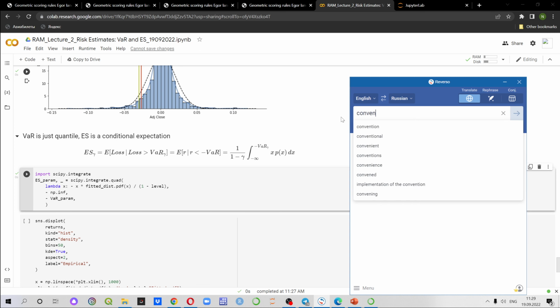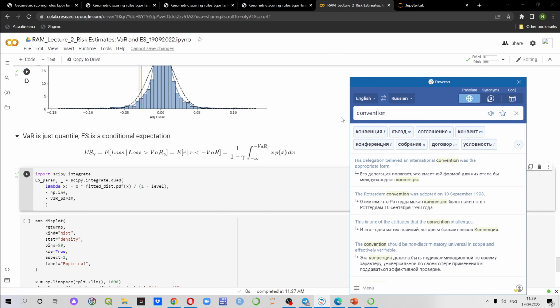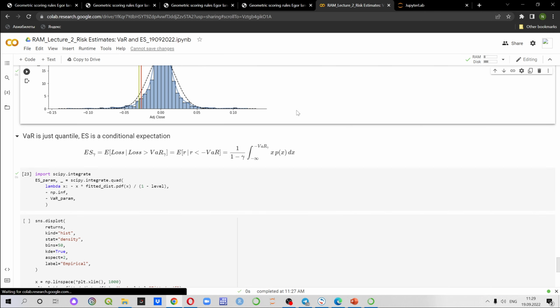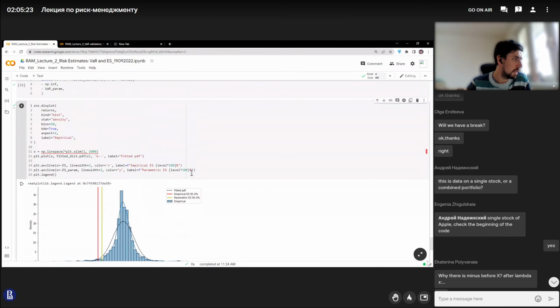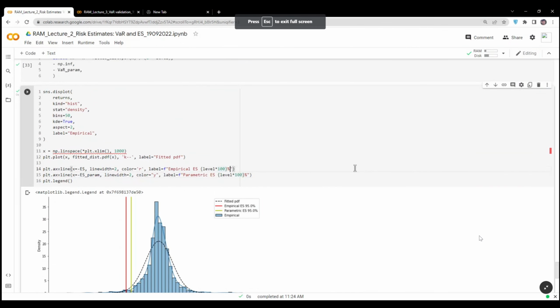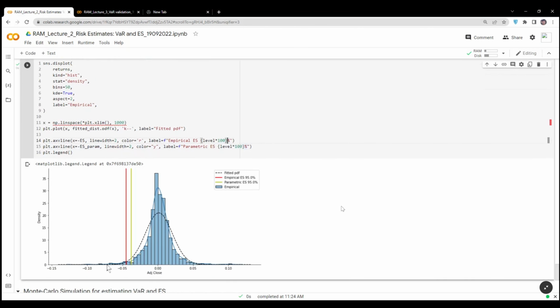All right. So now let's apply this formula and see the value. Let me add the value to the legend because I think it's not obvious what the values are. This is my mistake, I guess. And let me get it this way.